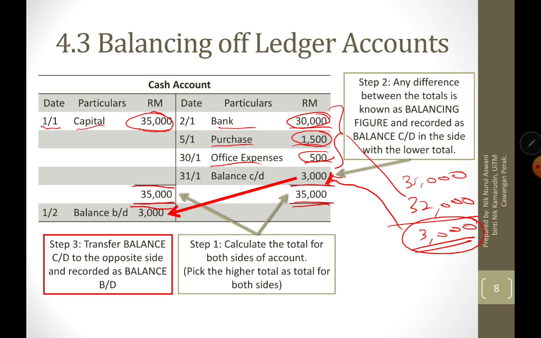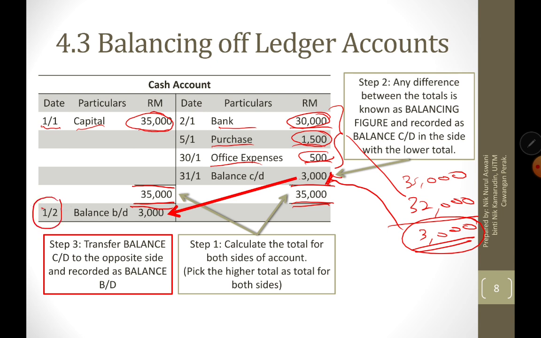Okay, the next step, when we close off the account, the balance carried down will be recorded in the next accounting period as a balance brought down, which we will record under the debit side.